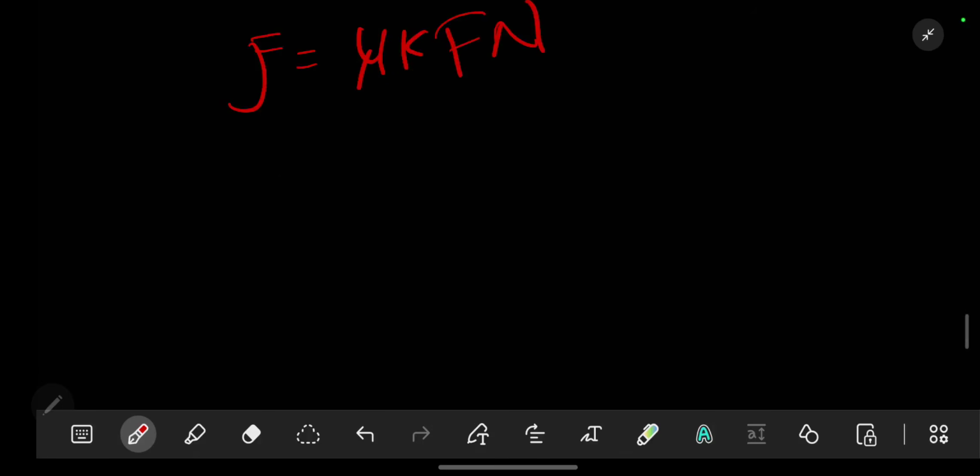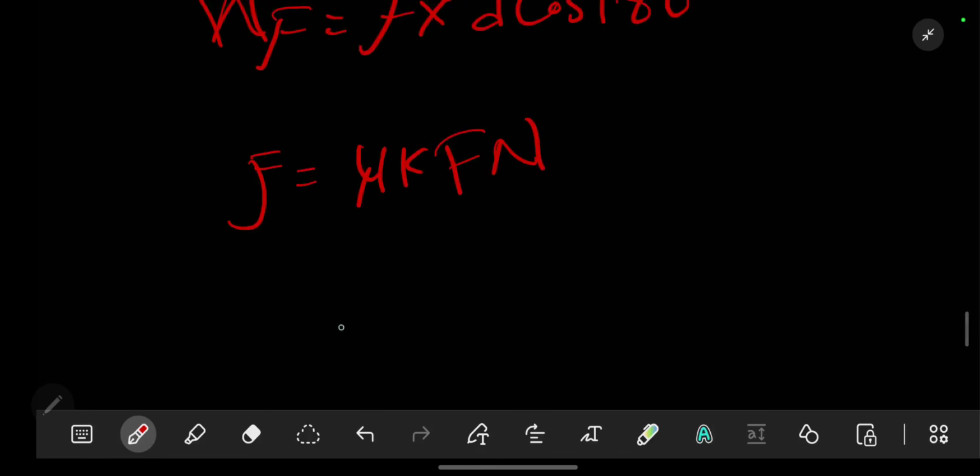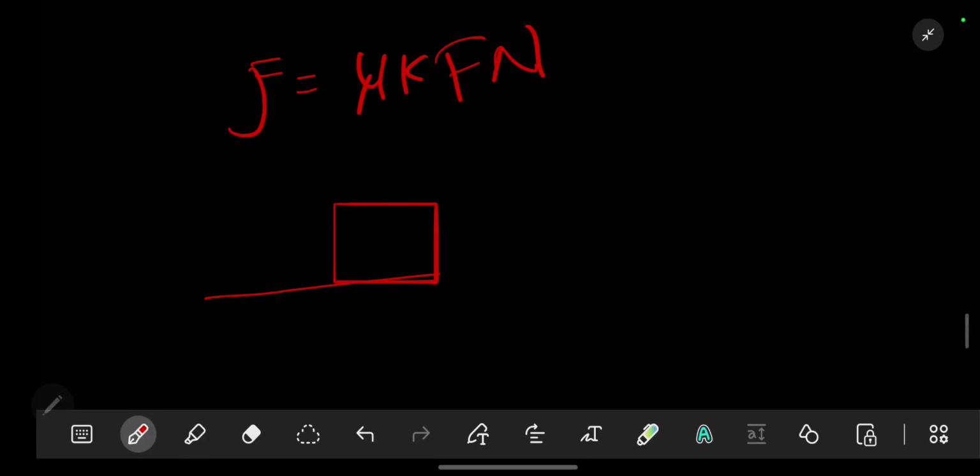So remember, this is the box, then the downward force is the mg, and up there is the normal force. Why am I not drawing it straight? So this is our normal force. Then we go down like that.